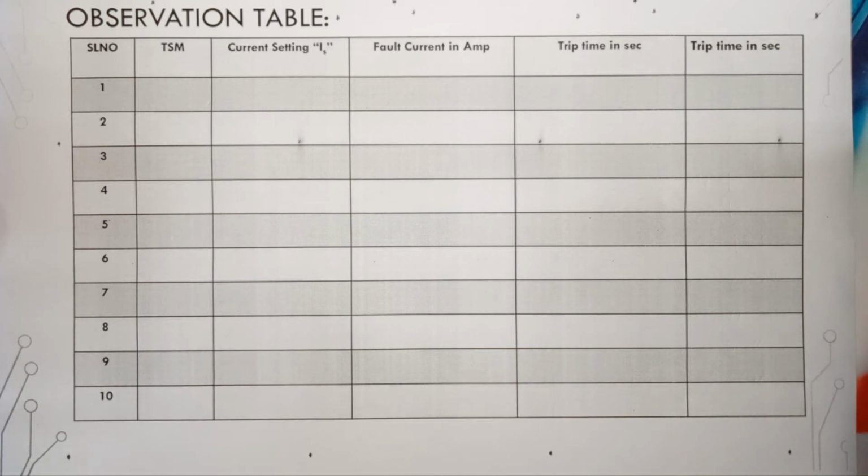We can predict the trip time by seeing the characteristic, and by seeing the characteristic equation we can calculate the trip time, but by seeing the relay we cannot calculate the trip time. It is a numerical overcurrent relay, unlike what happens in the case of an electromechanical overcurrent relay.